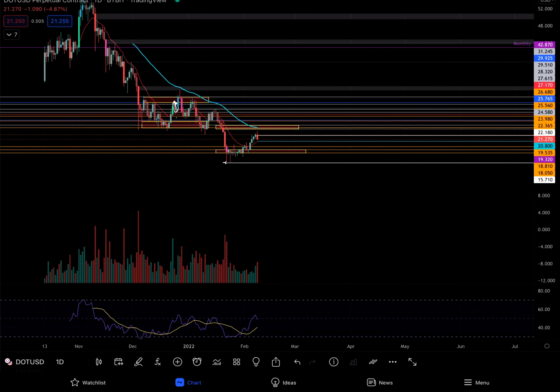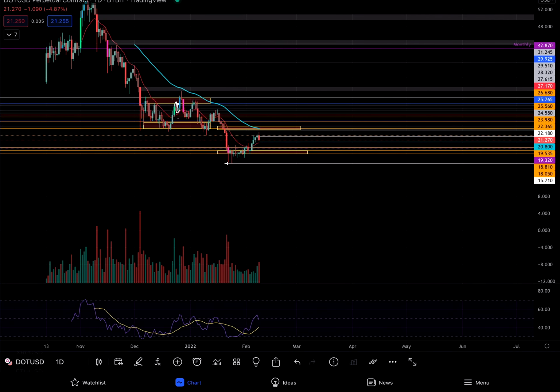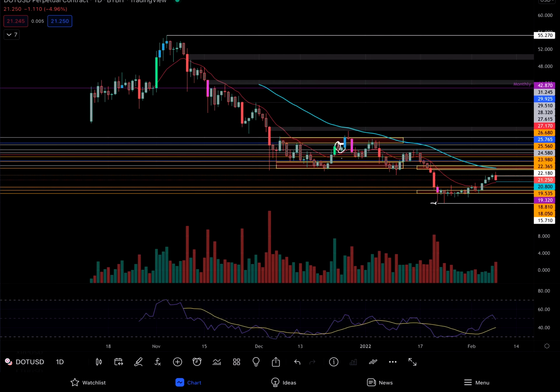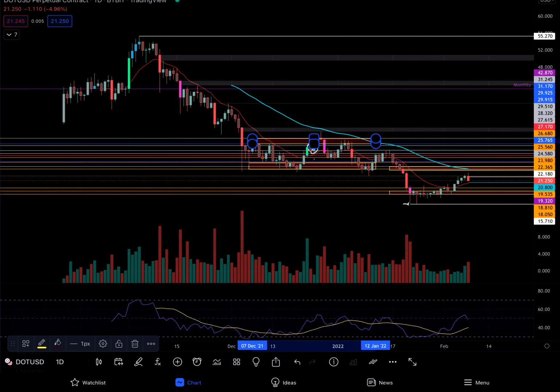I will probably come back to those wicks. Look at December, right? So in December, we had this wick here that came down, started to pop back up. Polka Dot didn't leave it fast. It came down, recovered that wick quickly, and then moved up. It actually went against the trend of a lot of the other tokens in that regard. That was nice.